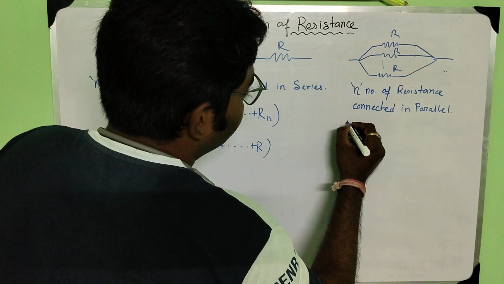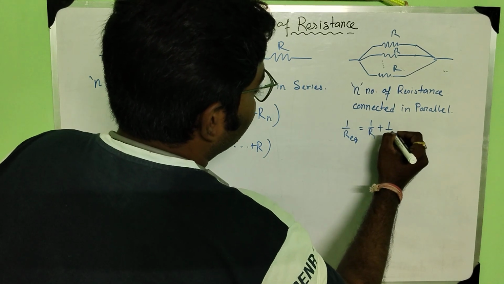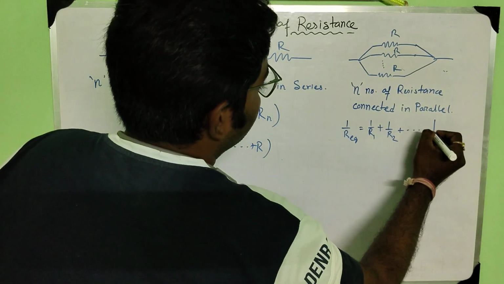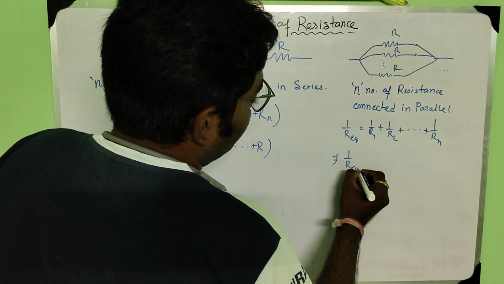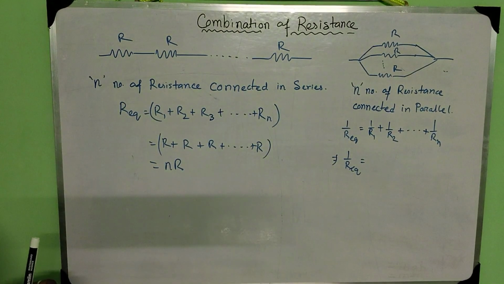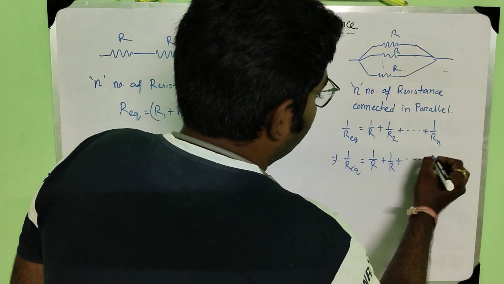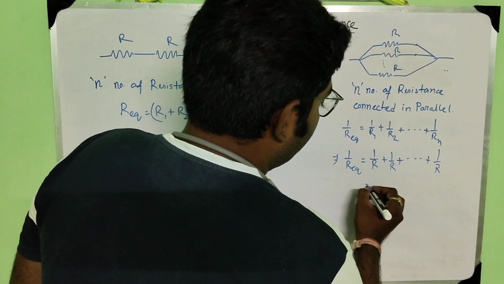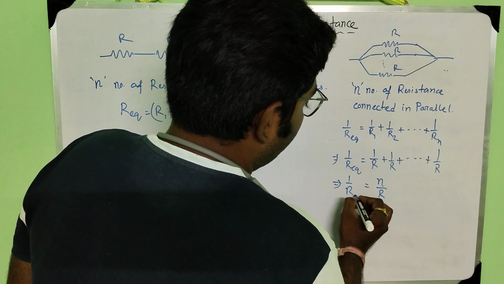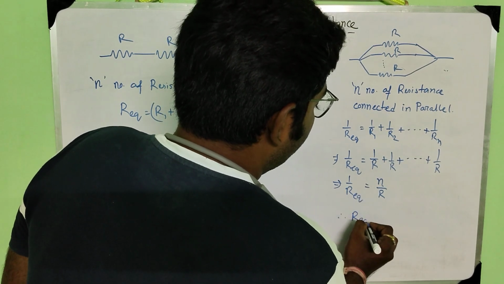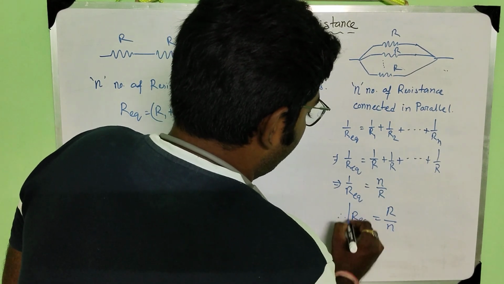This is actually 1 by Req equals 1 by R1 plus 1 by R2 plus up to 1 by Rn. Now if all the resistances have the same magnitude, then it is 1 by R plus 1 by R, and so on, that is n by R. Therefore Req is R by n.